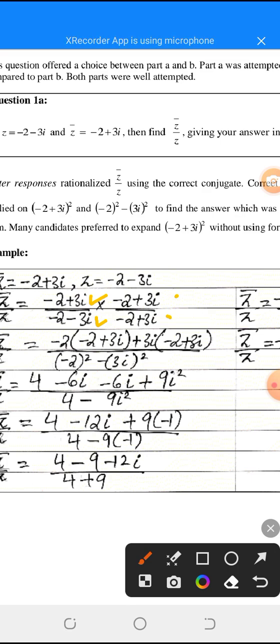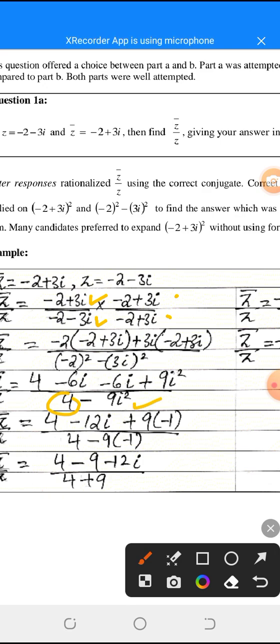After that, in the denominator, there is the formula (a - b)(a + b), which is equal to a square minus b square. So definitely (-2) square minus (3 iota) square. So (-2) square will give you 4, minus (3 iota) square. So 3 square is 9, iota square I have copied, minus will remain the same.